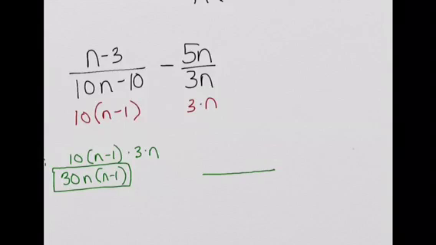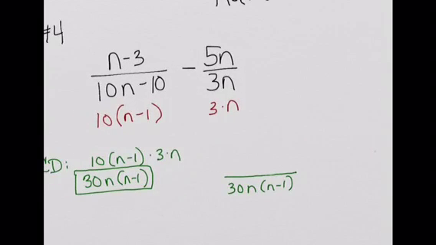Here's my first fraction. It needs to have a 30 and an n minus 1 in its denominator. So the question is, what have I added to this new denominator that the old one didn't have? Because that tells me what I need to multiply the top and bottom by. It looks like it needs a 3 in order to bring it up to a 30, and it also needs an n.